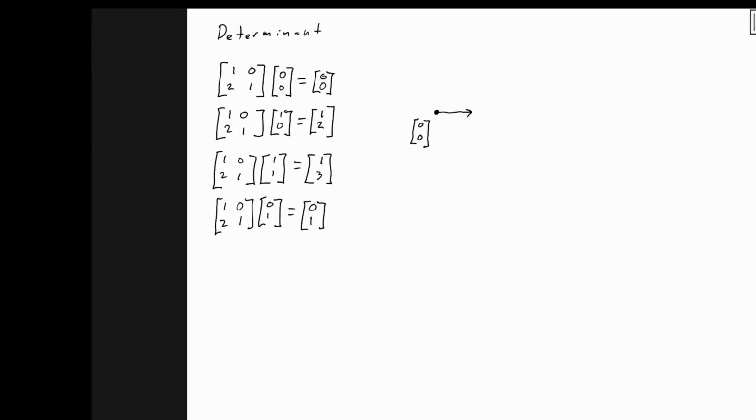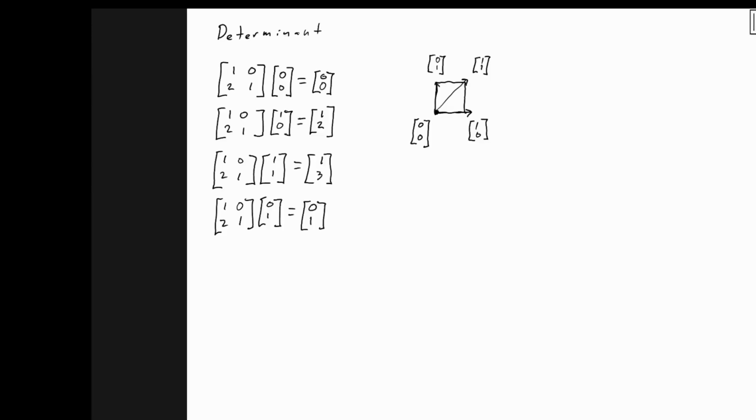I can get to the point 1, 0, or to the point 1, 1, or to the point 0, 1. So I can use these vectors to represent a square in space.